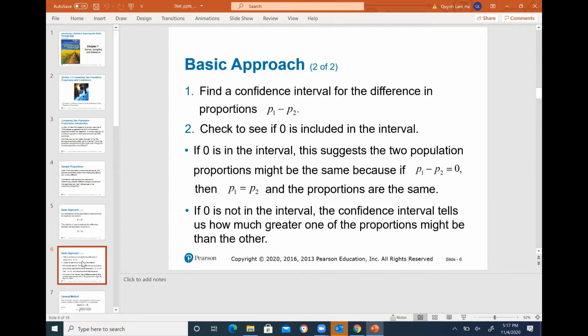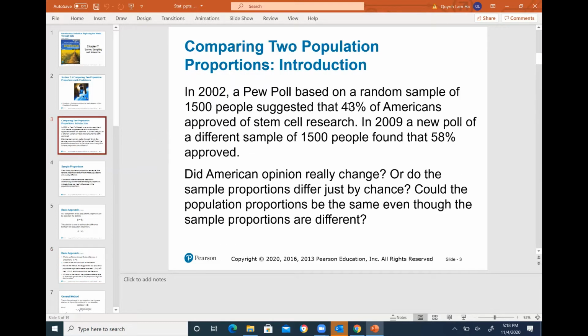So find the confidence interval for the difference in proportions, p1 minus p2. In this example, we're talking about p, so p1 will be the percentage, about 43%, and p2 will be 58%.